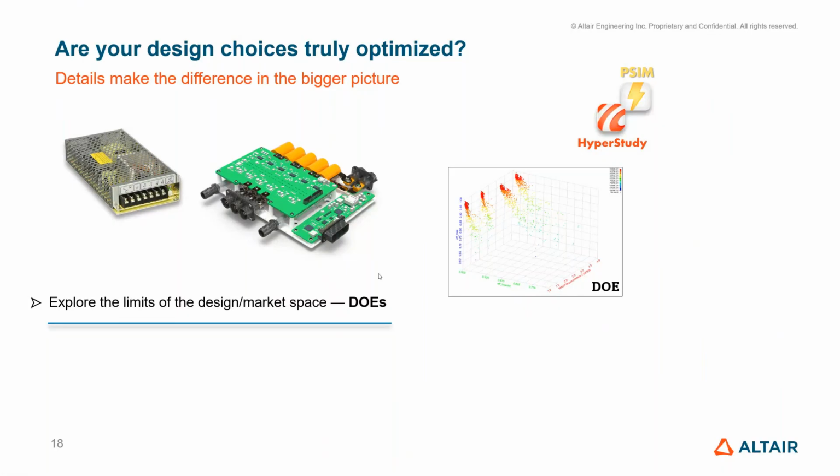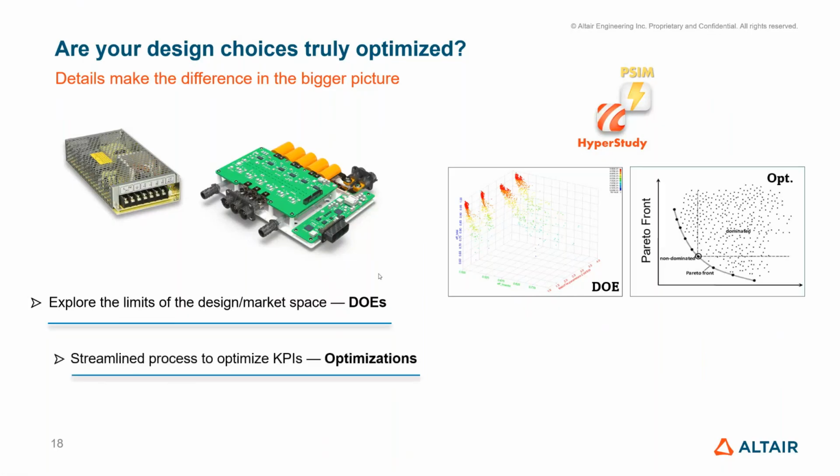You can post-process it with data analytics tools inside HyperStudy, but it's you, the engineer, that sees the results and interprets them. Then the second thing you can do is an optimization and coming up with a Pareto front of your design. This is a bit different from the DOE because you, again, load the PSIM simulation, you define what are the variables and what are your key performance indicators, for example, efficiency, cost, EMI, whatever.